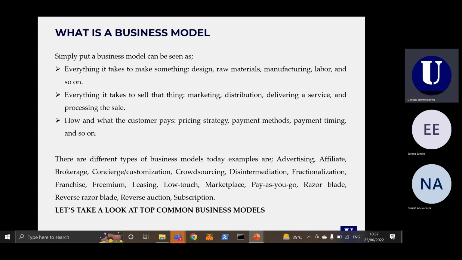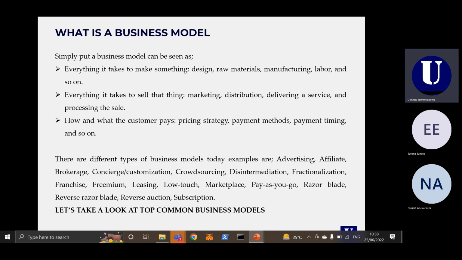And it also talks about how and what the customer will need to pay. So everything we need to do to make something happen as a business is in our business model. Everything we need to do to sell that business or sell that idea is in our business model. And how our customer pays and what they pay for is also in our business model.